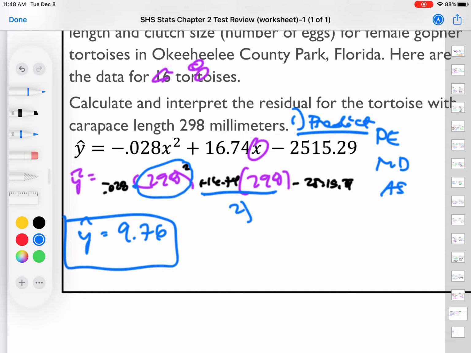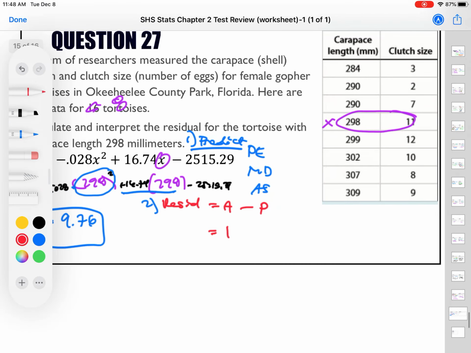So this was to predict. And to get my residuals, actual minus the predicted, my actual for that problem is 11. So 11 minus predicted, which is 9.76. 11 minus 9.76 gives me 1.24.